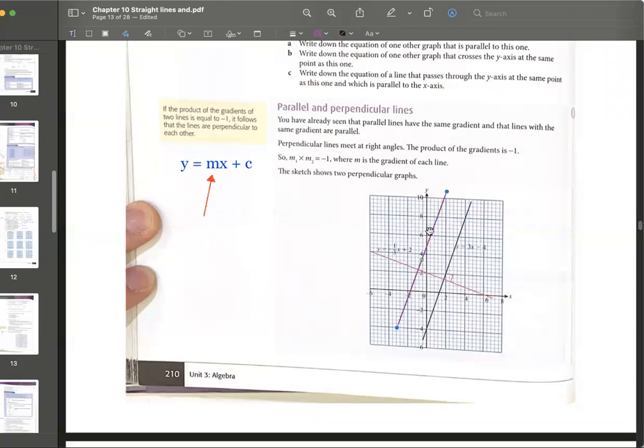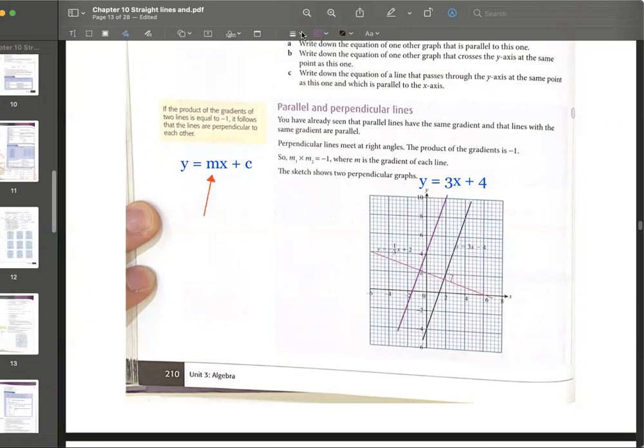Let's say it cuts through number 4 here. So this graph here will be y equals 3x plus 4, because it cuts through number 4. It will have the same gradient, 3 and 3. So this m here, which is this number 3, is the same.